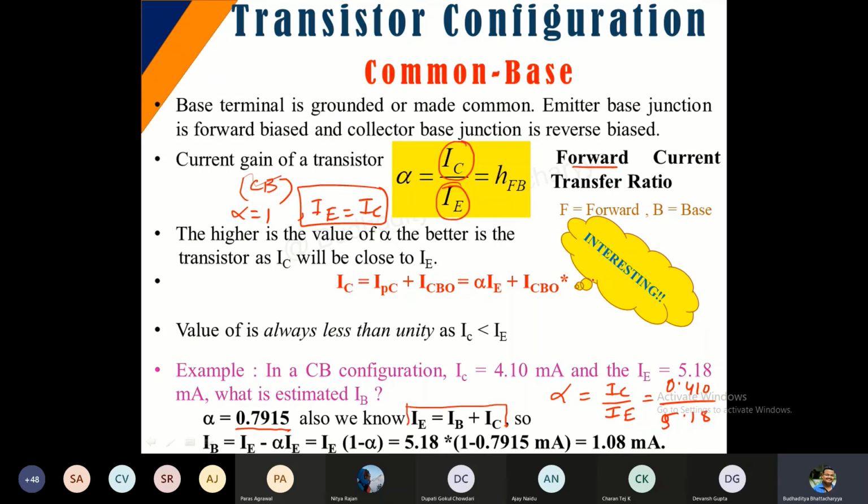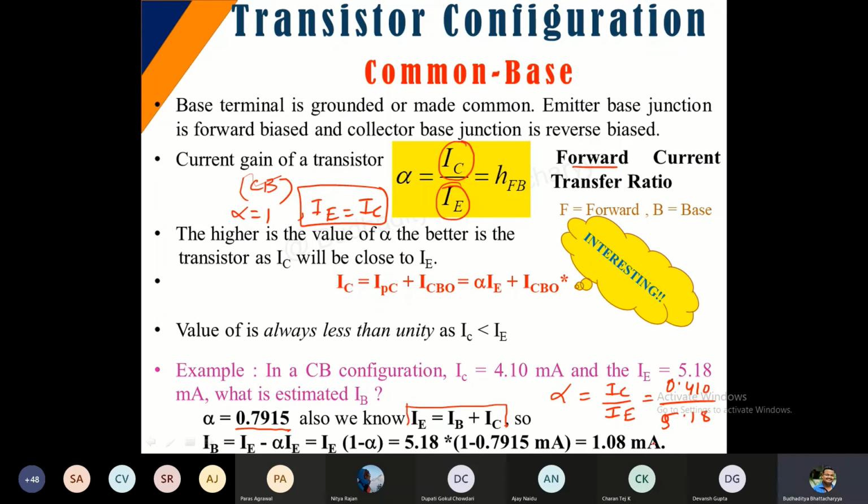Eventually we have to include the magnifying factor, the current gain factor, in order to solve for the final answer. If you are not doing that, you are making a mistake. You have to include the alpha element in the equation. Otherwise, you will have a different set of results, which is not correct, because you are not including the alpha factor. This current gain factor will definitely be there for a common base configuration.